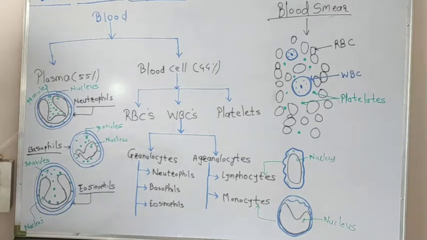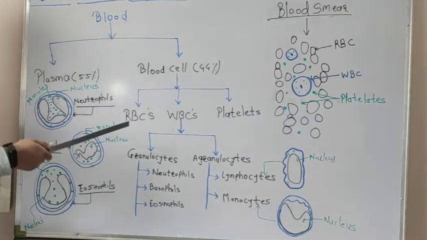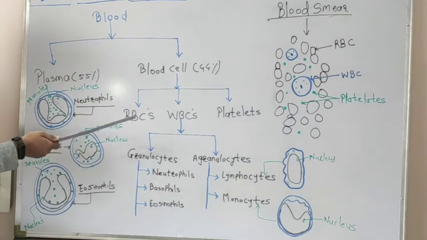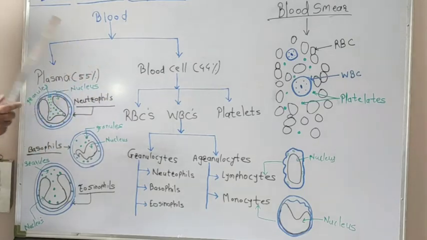Because their movement is similar to an amoeba. They can move out of the capillary walls, and this process is called diapedesis. So they are called amoeboid cells, and these WBCs are larger than the RBCs.